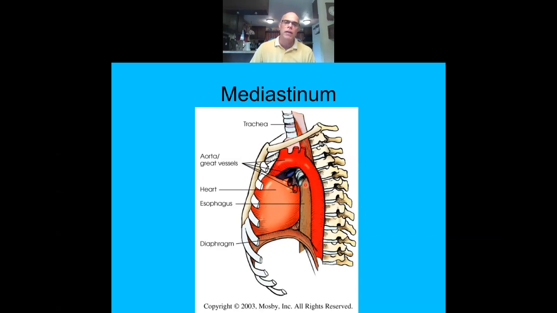They've removed one of the lungs so that we can see all the structures of the mediastinum, or the hilar region of the chest. I'm not sure if they have that image in your book. Let's go to the next one.